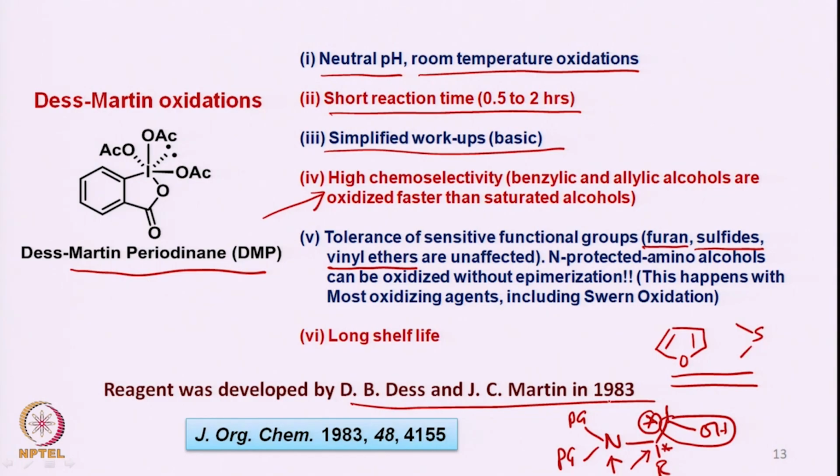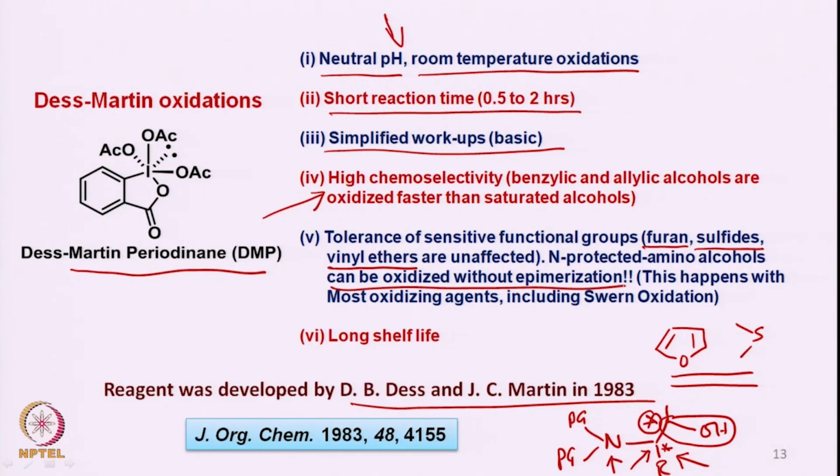But since here it is a neutral pH, it is a neutral reagent system, this particular asymmetric center does not get affected, and the oxidation happens without epimerization.